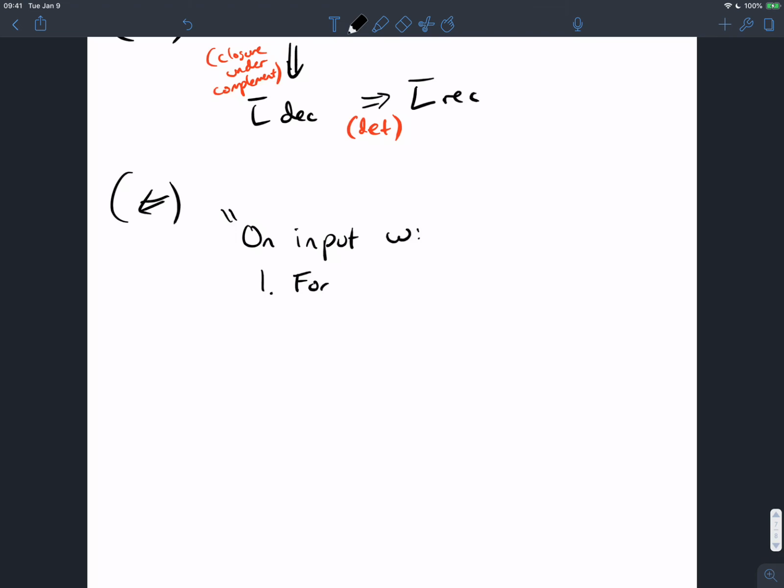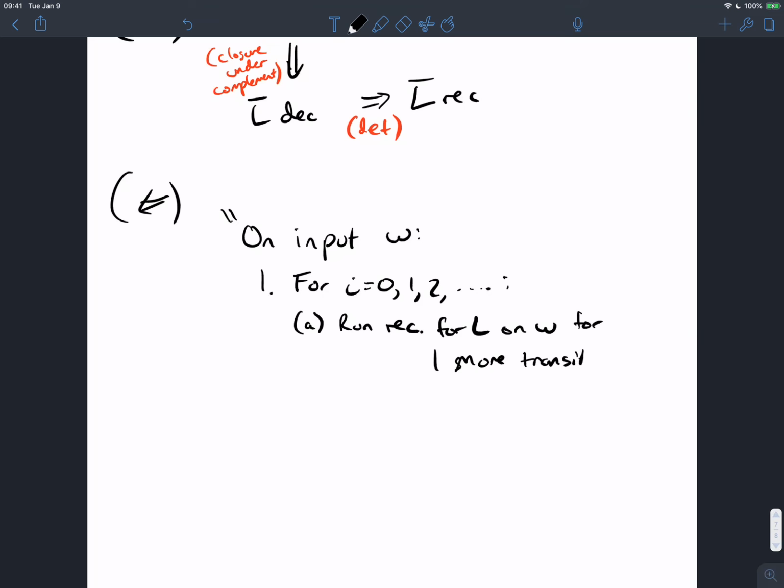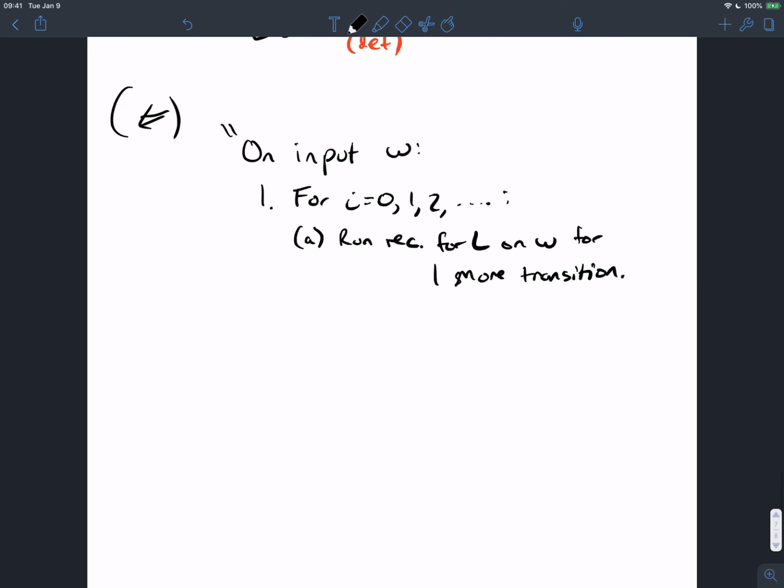So let's do for i equals 0, 1, 2, etc. Run the recognizer for L on W for one more transition, and then the same thing for L bar for one transition.